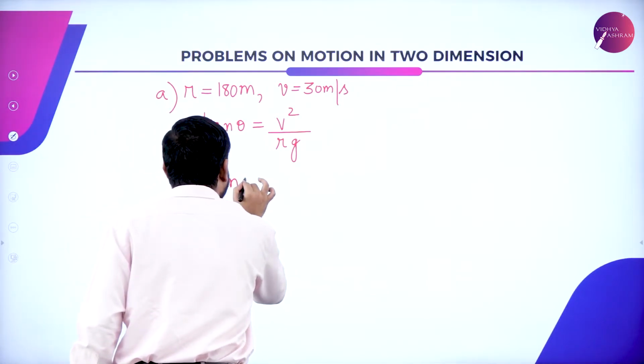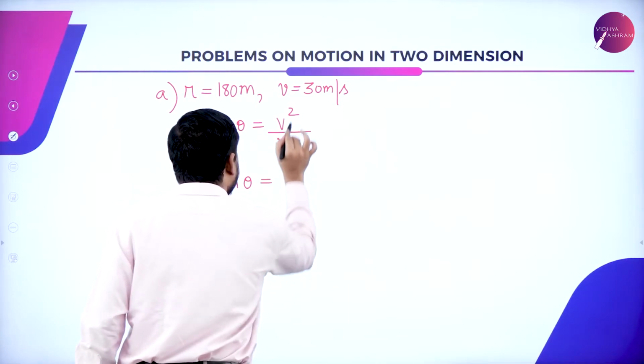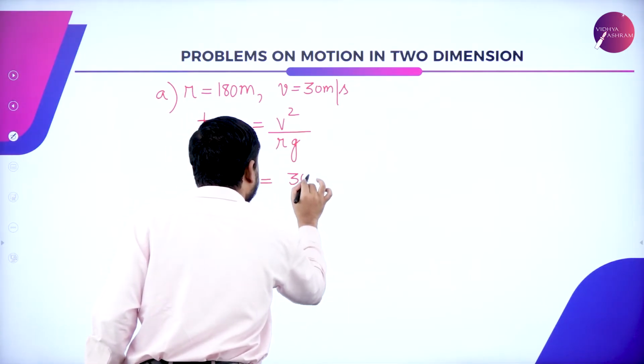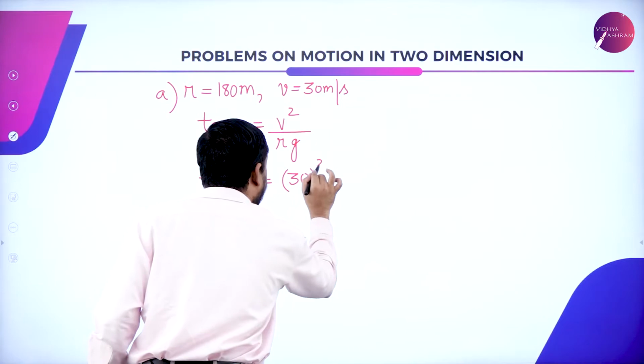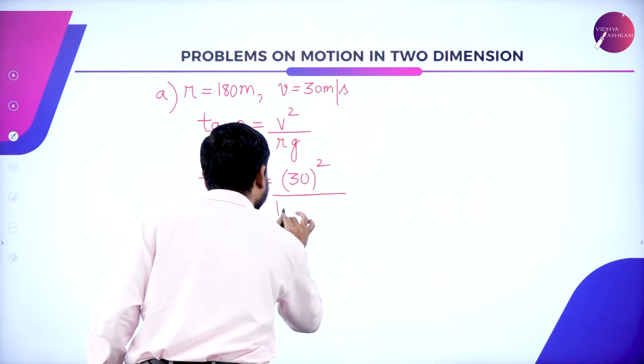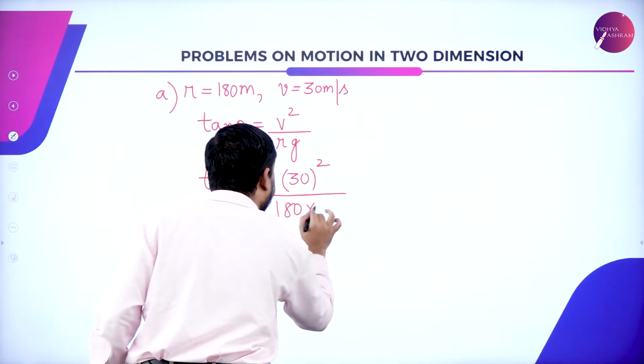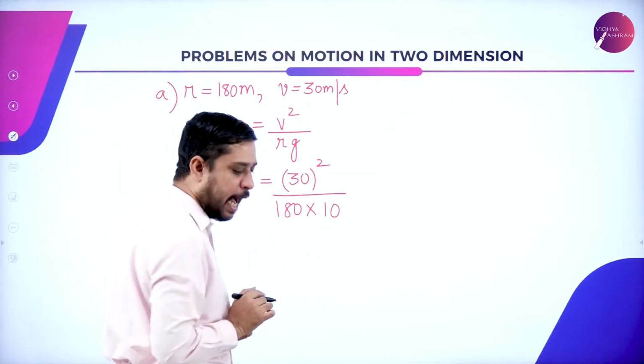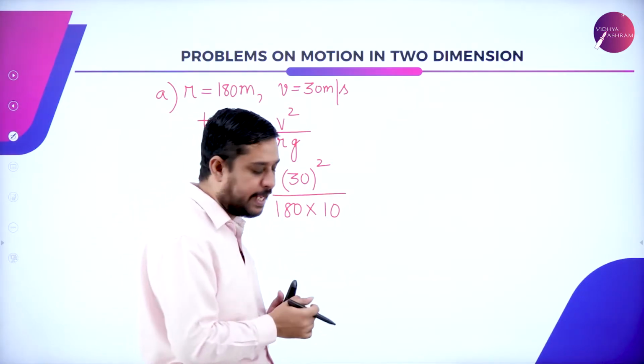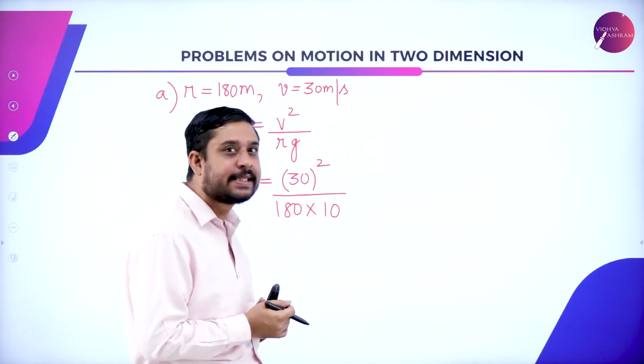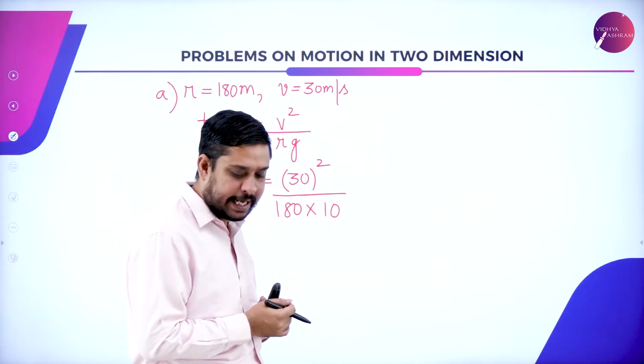So tan theta is 30 square divided by 180 into G. Approximately I take G as 10.